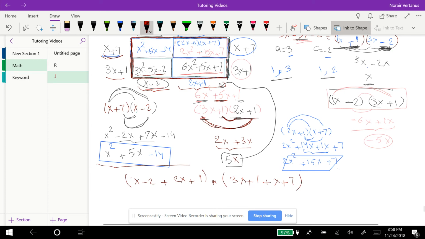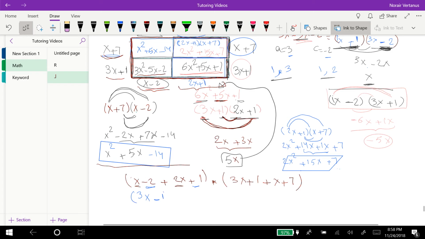That's in product form, but that can be simplified. Why? Because we can add the common terms. x and 2x are going to be added. It's going to be 3x. Negative 2 and positive 1 can be combined. It's going to be negative 1.